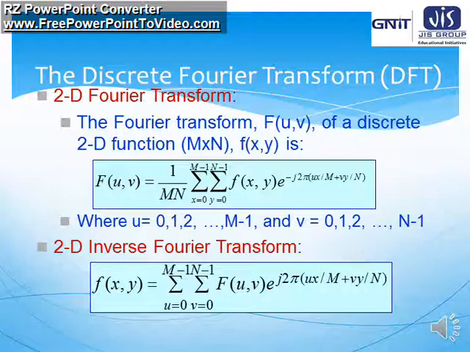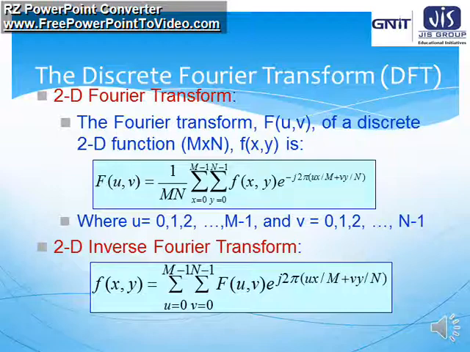The Fourier transform F(u,v) of a discrete 2D function f(x,y) of size M cross N is represented by F(u,v) equals 1 by MN summation of x equals 0 to M minus 1, summation of y equals 0 to N minus 1, f(x,y) into e to the power minus j2 pi (ux by M plus vy by N), where u equals 0 to M minus 1 and v equals 0 to N minus 1.